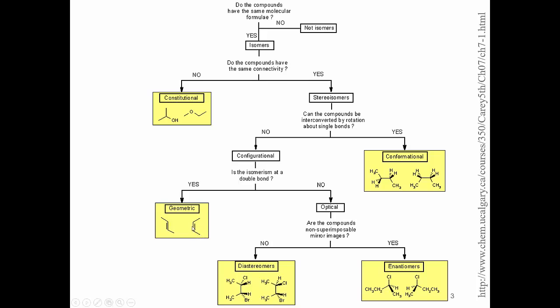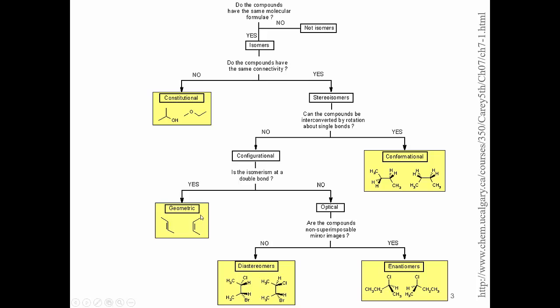But we cannot rotate this central bond. It's a double bond, this is planar, and it does not rotate. So these cannot be interconverted to one another because we cannot rotate that central bond. So they're clearly different. They're going to have different physical properties, and we call these geometric isomers.